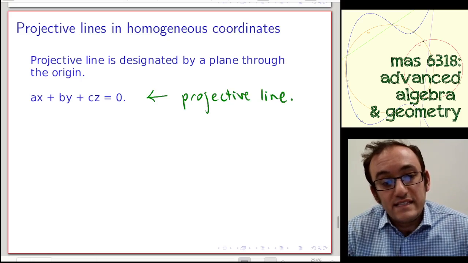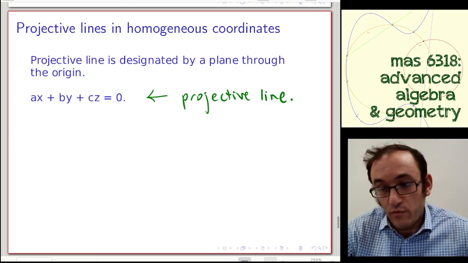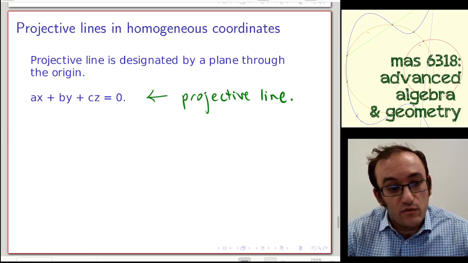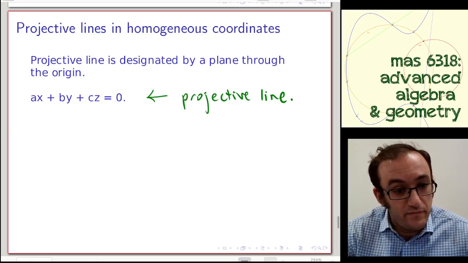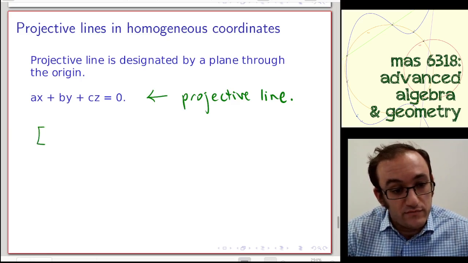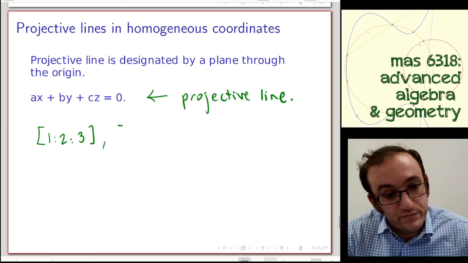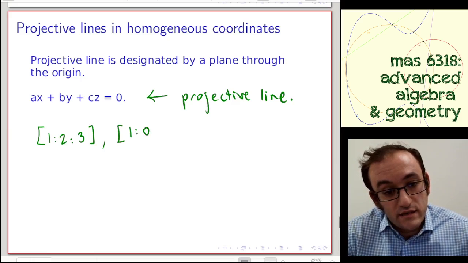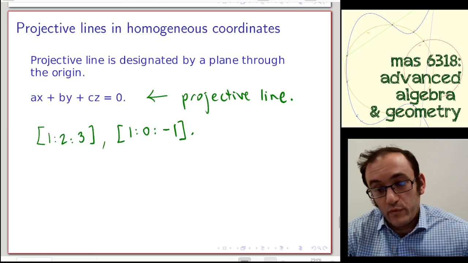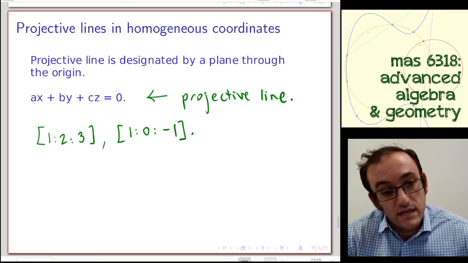Okay, let's say we have 2 projective points, and we want to know what's the projective line containing them. So for example, 1:2:3 and 1:0:-1. Okay, these are 2 projective points.